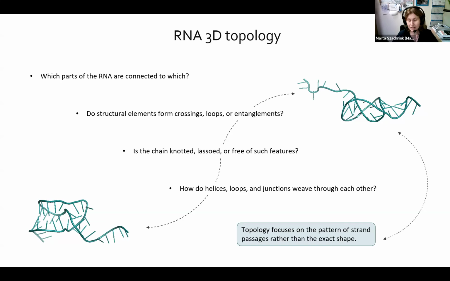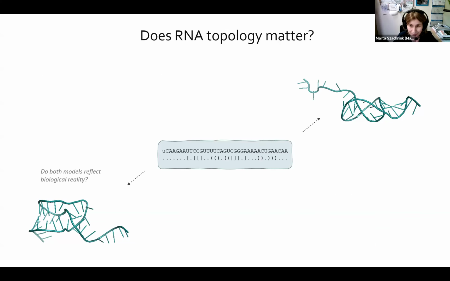All those questions are related to what I think about when I talk about the topology of RNA structure. Now what you can see on this slide, in the middle, is the secondary structure of some short RNA chain, encoded in the bracket notation.